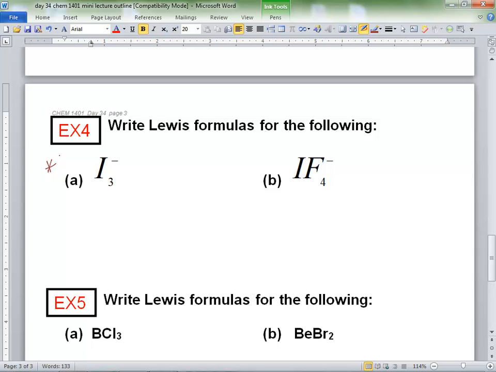So when you look at this compound, I3 minus, can it be a resonance problem? We're going to have all these structures and drawing arrows between them. It can't be. It cannot be. Why? Which elements aren't there? CNOS. So it's just drawing a structure and you quit.